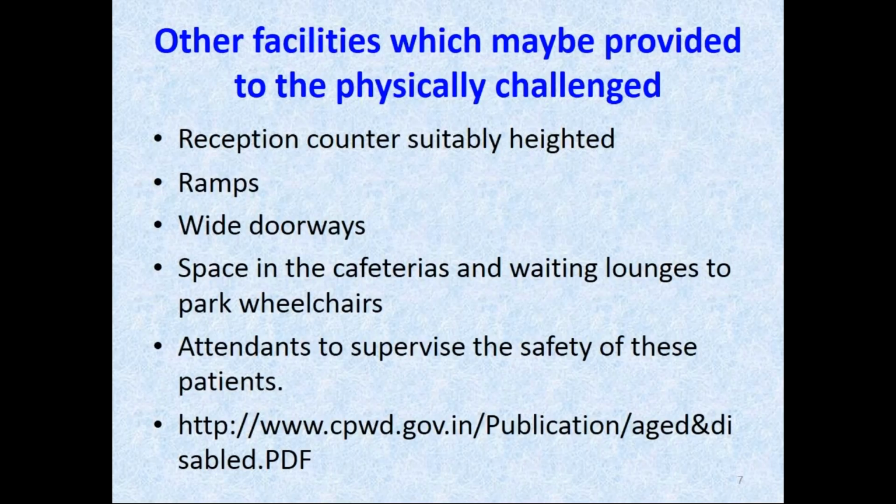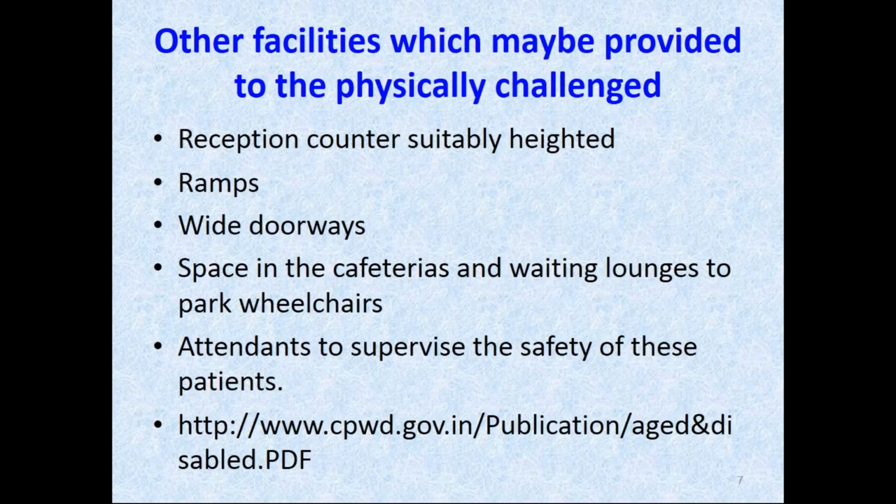And more information on the requirements of the disabled patients can be found on this website which has been listed here. Now let me mention here that these are only some of the suggested measures. We as assessors should not look at the provision of all these measures which have been listed down. It is enough if we look at the provision of dedicated toilets for the physically handicapped patients, because that is something which is a statutory requirement.